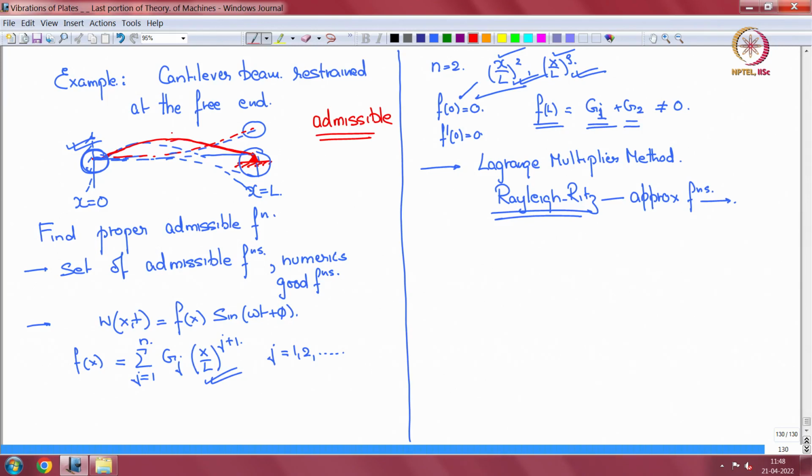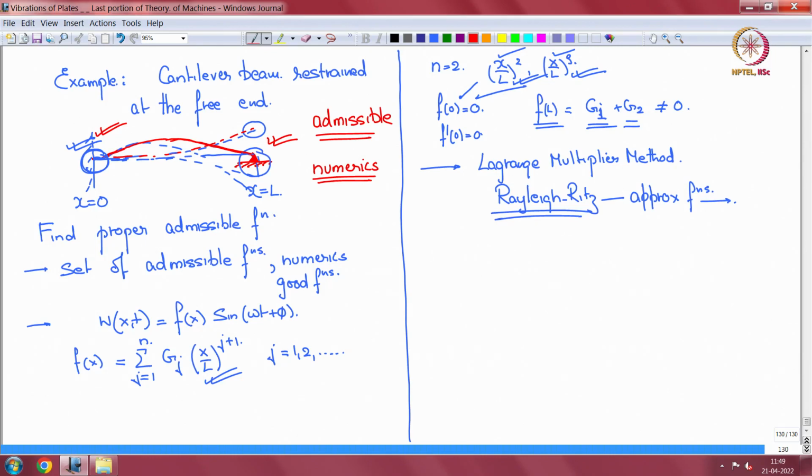Now it can be tricky to find admissible functions for the conditions here, and even if you find them, this being a simple enough system, they may not be good for numerics. Numerics may suffer. That is the next challenge, which is not the focus in this lecture. This is a basic set of lectures, but that is one thing you need to keep track of.